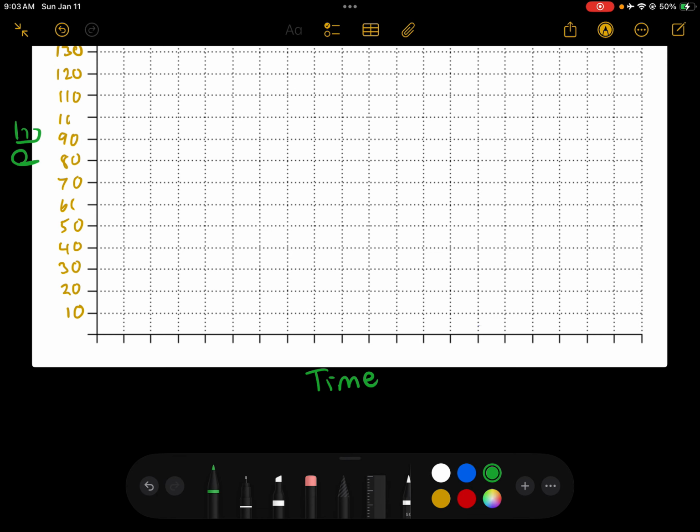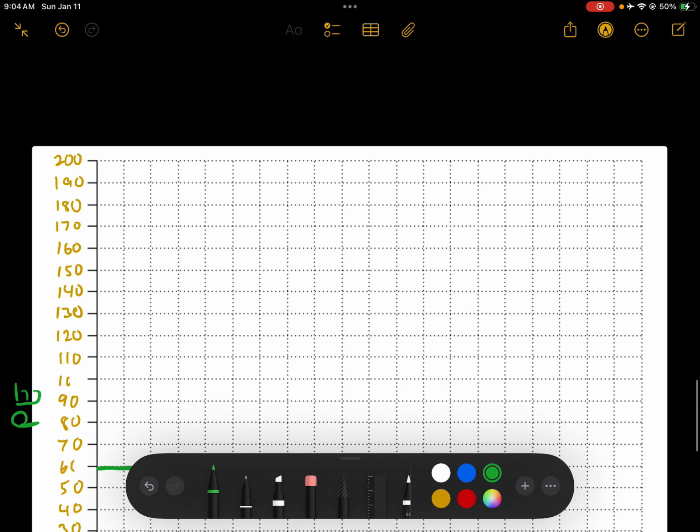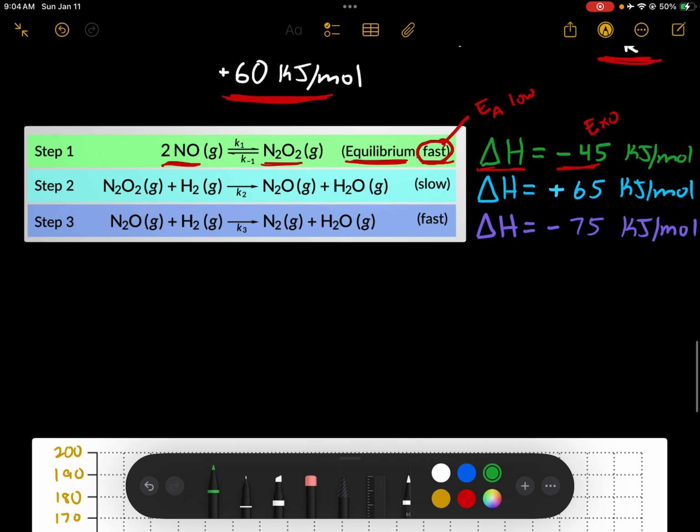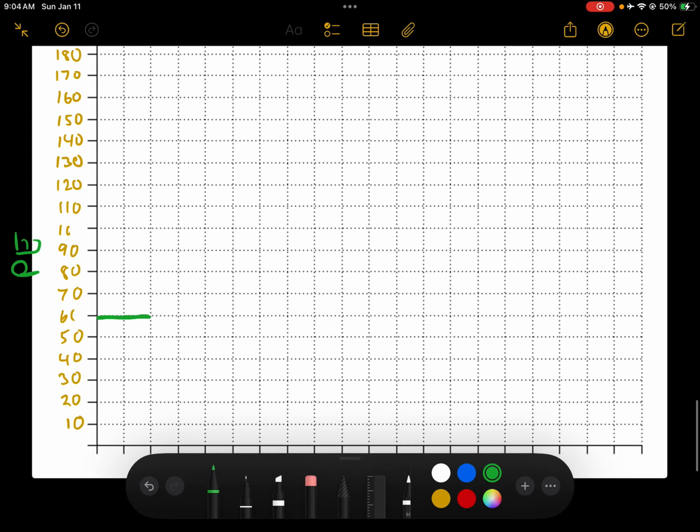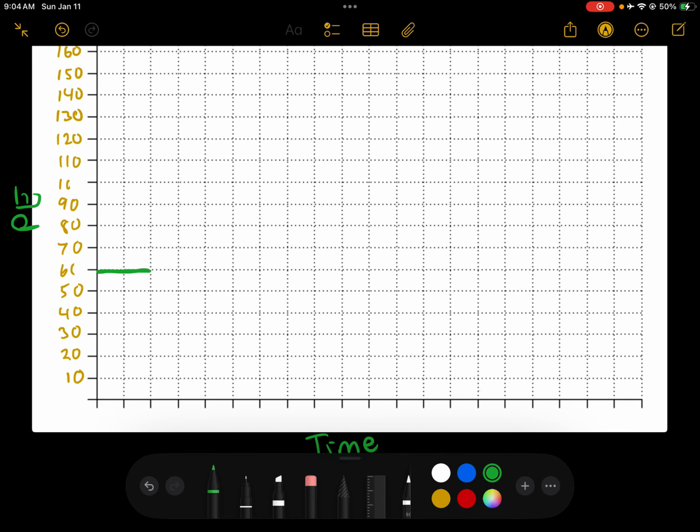We start at 60 because the problem tells us to. Our delta H value says that over the course of that step, we lose 45 kilojoules per mole. So I want to end that step 45 less than 60.